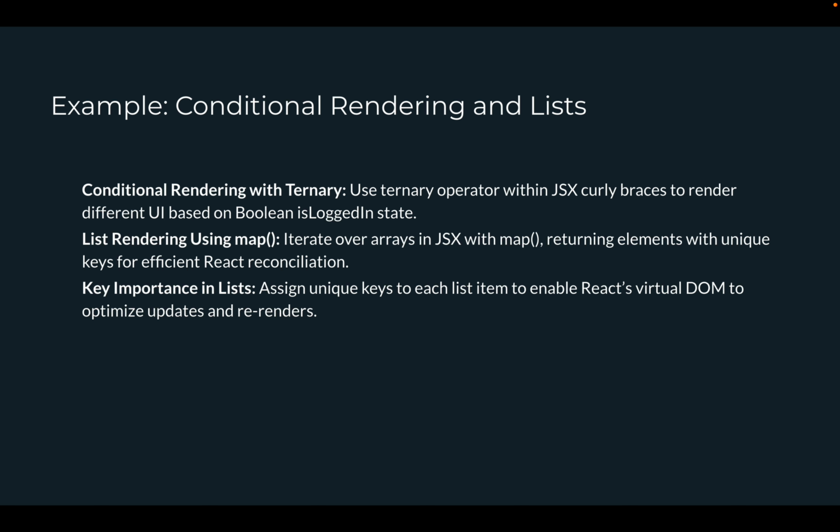We iterate over an array in JSX with the map function, returning elements with a unique key for efficient React reconciliation. Then why is key important in a list? Assign a unique key to each list item to enable React's virtual DOM to optimize updates and re-render.